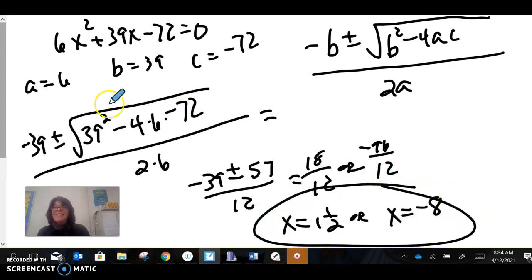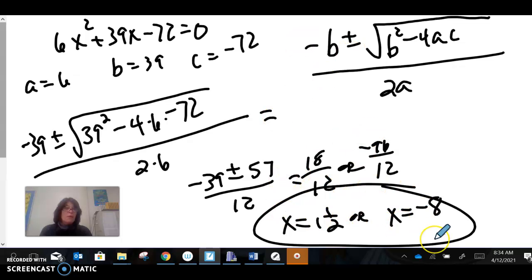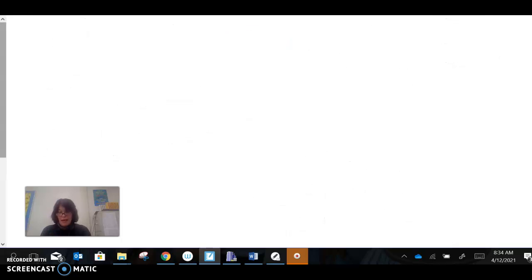Okay, so what I'm saying is, once I saw that my discriminant was a perfect square, I decided to factor, and I got 1.5 or -8. This person used the quadratic formula. They got 1.5 and -8. Okay, doesn't matter. Somebody that maybe took the 3 out.